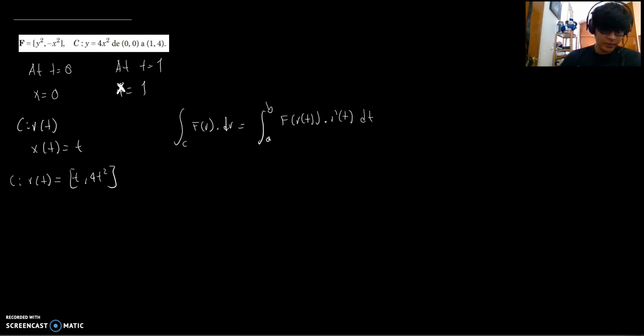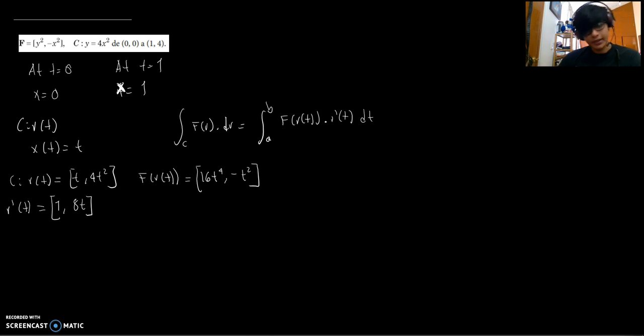Now we need to obtain the derivative of the parametric representation, which will be equal to (1, 8t), and f evaluated at r(t). It's easy to see that it will be equal to (16t to the fourth, minus t squared), because we're substituting this y with this y over here and this x with this x over here.